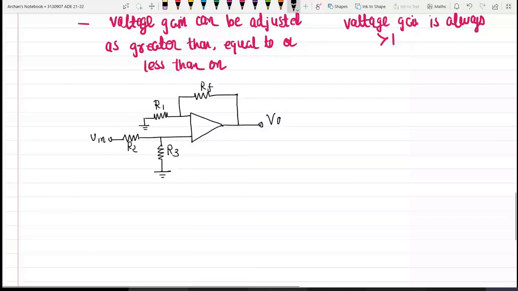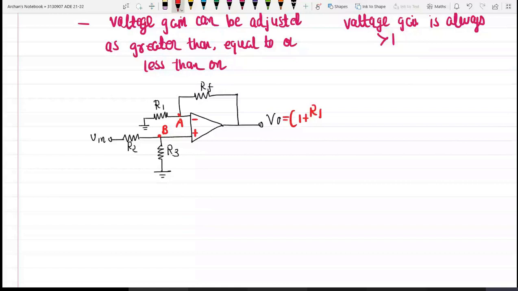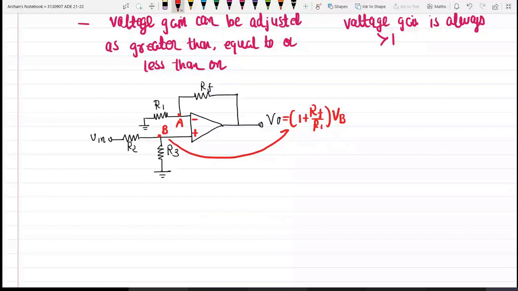Okay, it is also a non-inverting configuration. And what should be the output? Output voltage V0 should be 1 plus RF by R1 times VB. Why? Because the amplifier will amplify the input signal which is available at this terminal B. Okay, and this terminal B is not equal to V in, as you can see.